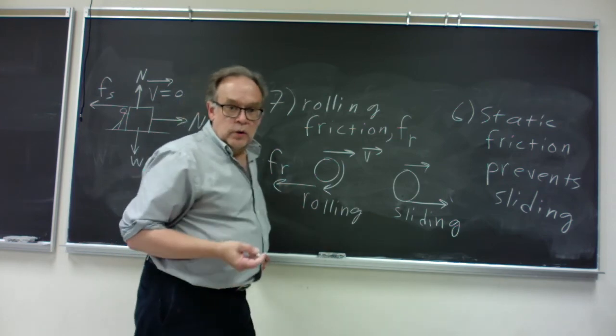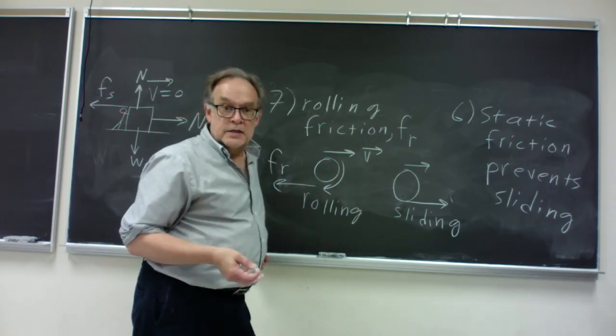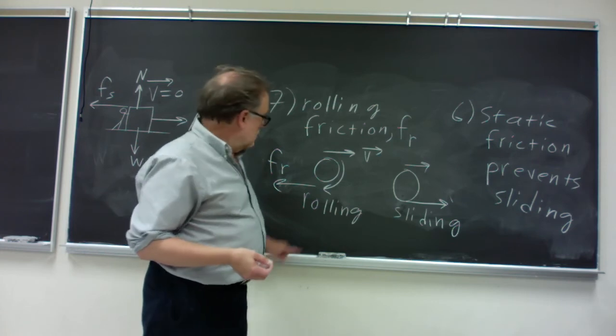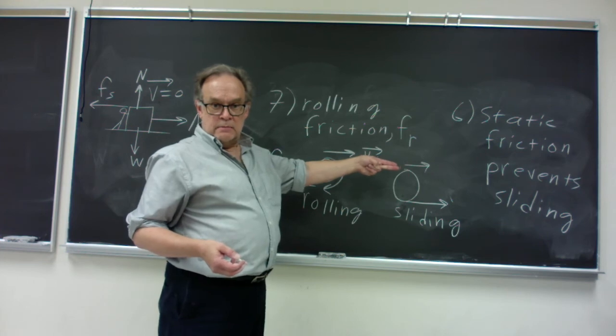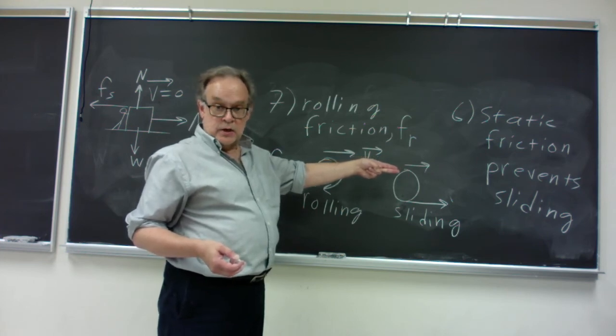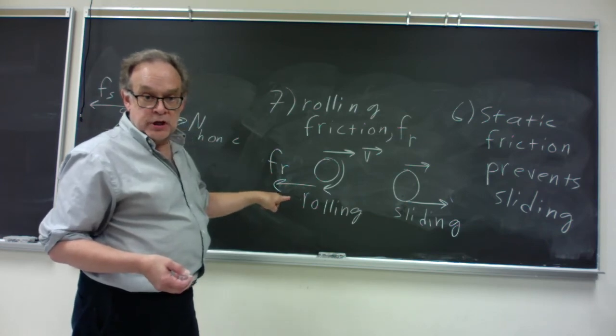So if you do have rolling friction, a rolling friction force that's coming from the road and acting on the tire, as the tire moves this way, rolling instead of sliding this way, it's because there's a rolling friction force pushing this way.